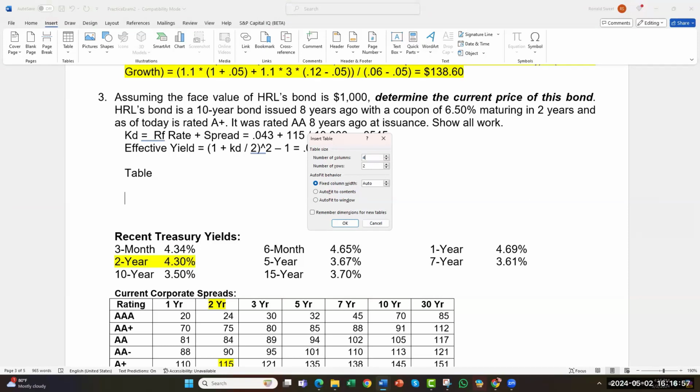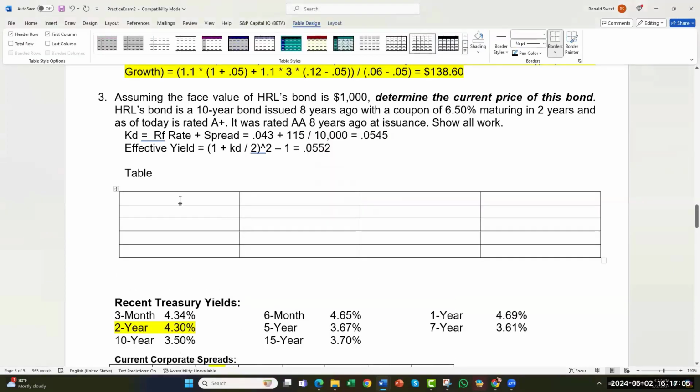That's 4 columns, and then we need the total, and we have 4 periods, 2 years but 4 periods, so we'll do 5 rows.